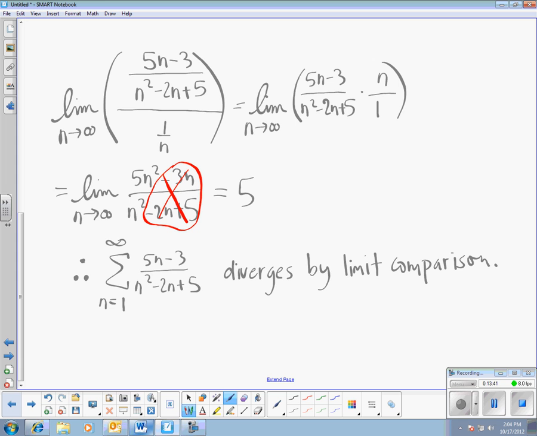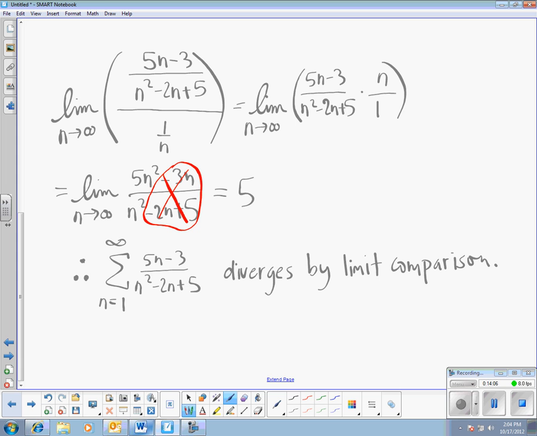All right, so why not just do a direct comparison? In order to do a direct comparison, you have to be able to show a term at a time that every single term is less than or every single term is greater than the one you're comparing to. So I can't show that. I could maybe try to do a direct comparison to some sort of n over n squared or something like that, but it just doesn't fit.